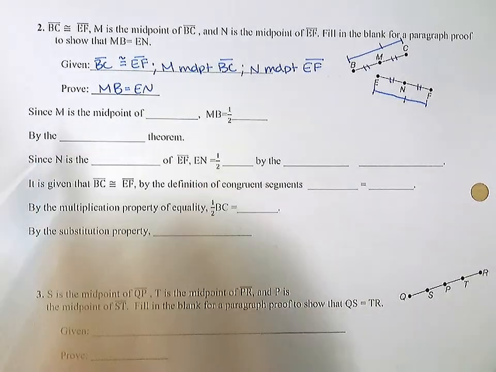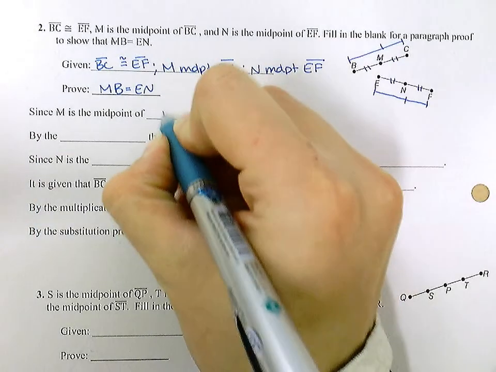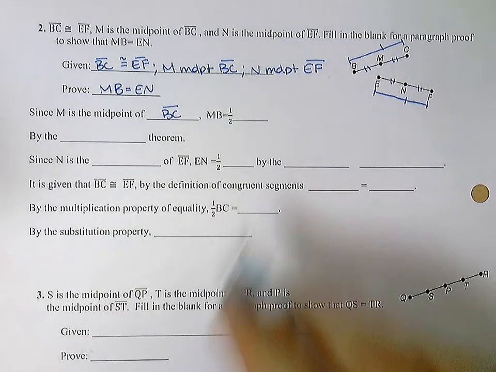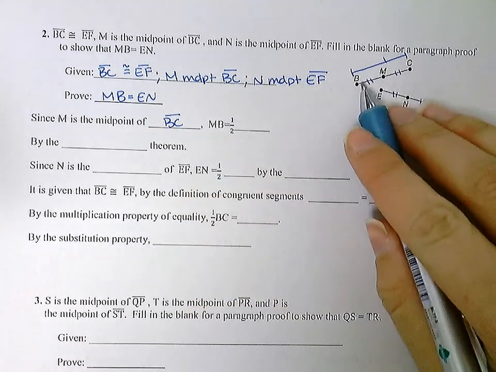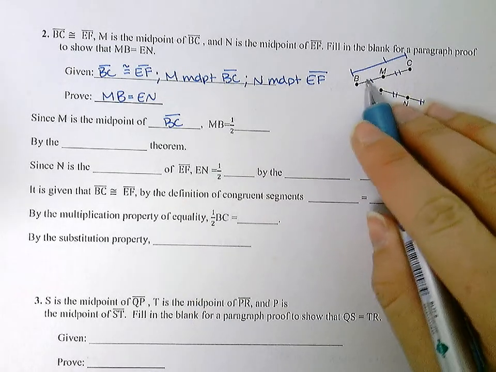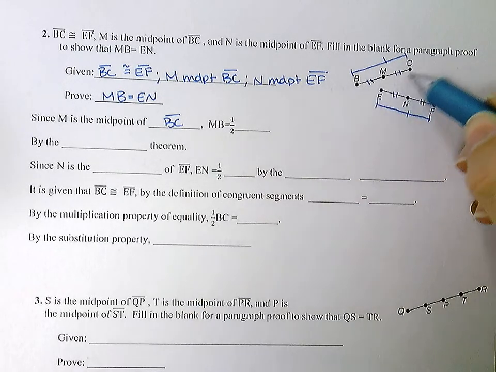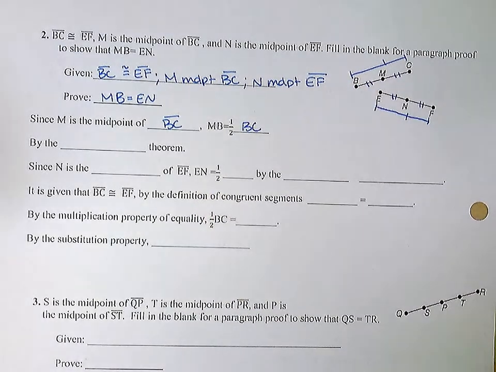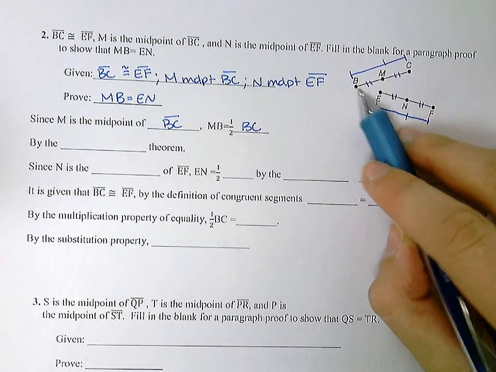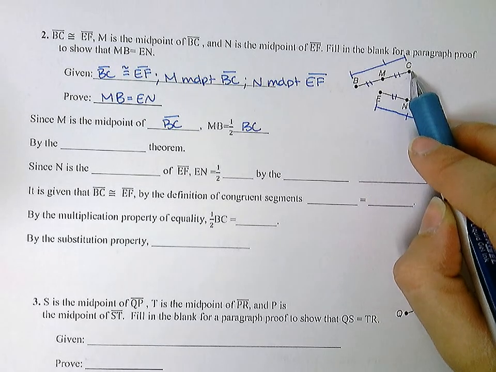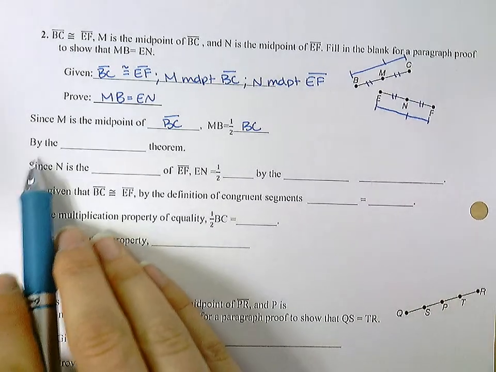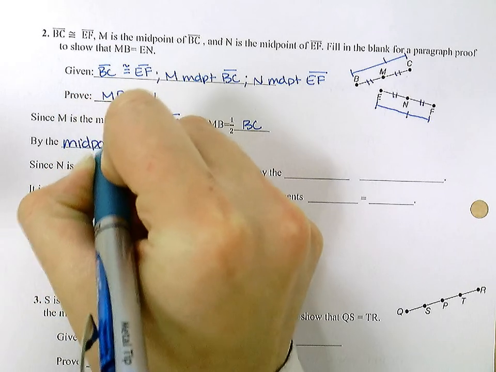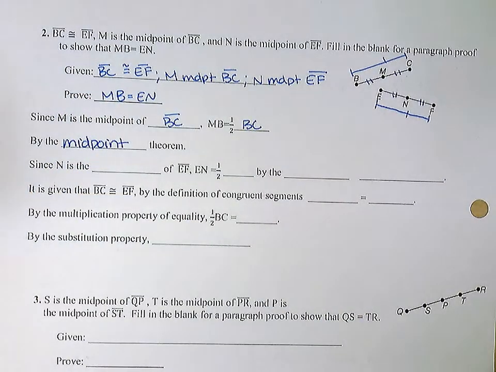So, since M is the midpoint of BC, okay, MB is going to be equal to 1/2 that entire segment length. So that is BC. Okay, MB is 1/2 of that entire segment length. Okay, and that is by the midpoint theorem.